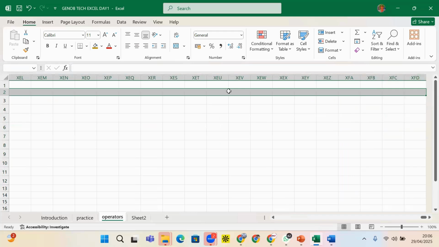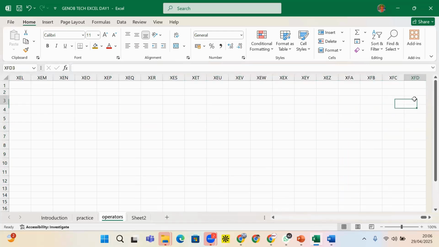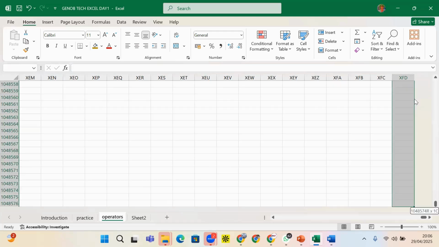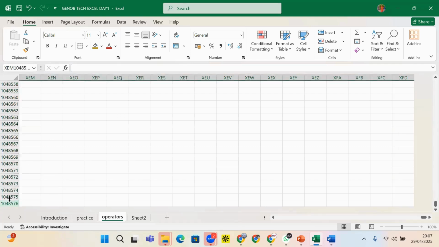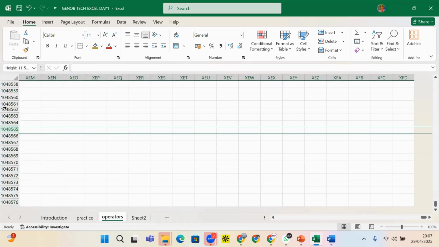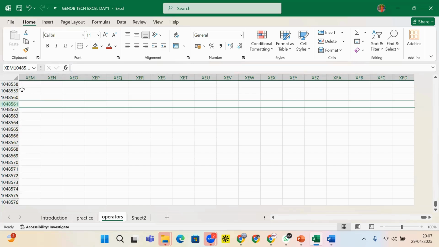And for you to get to the last row, you do the same thing: Control Shift, the down arrow key. There are over 1 million rows, 1,048,576. You see it here. 1,048,576 rows.